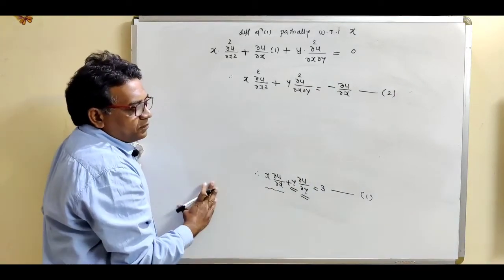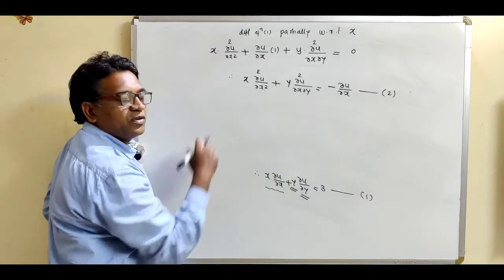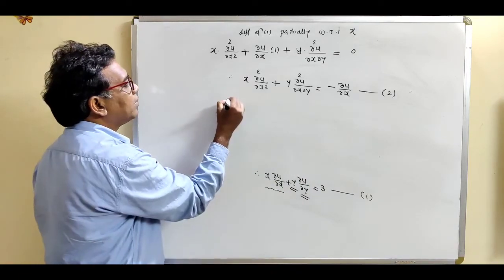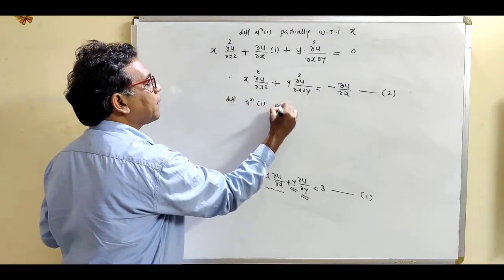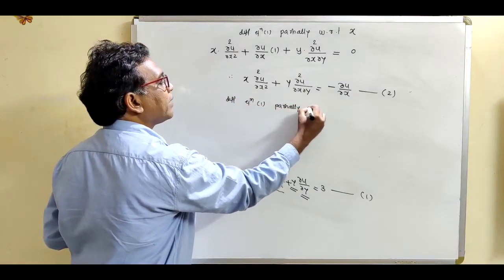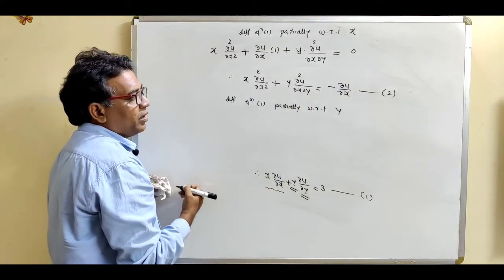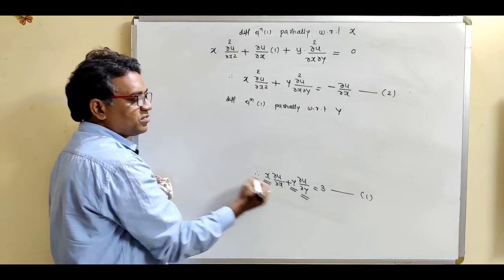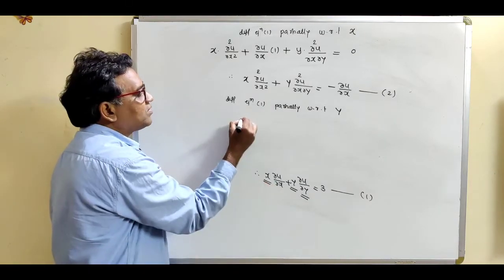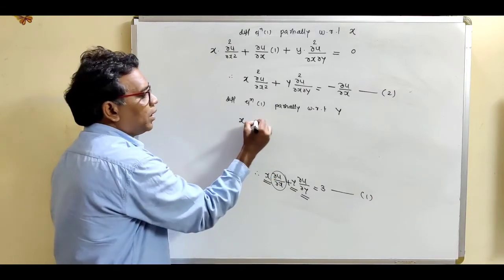Now what is the next step? Differentiating equation 1 now partially with respect to y. So right here, differentiating equation 1 partially with respect to y. Derivative partially with respect to y means we have to keep x as a constant variable. So this is a constant term, so write down the constant as it is. This is not constant.